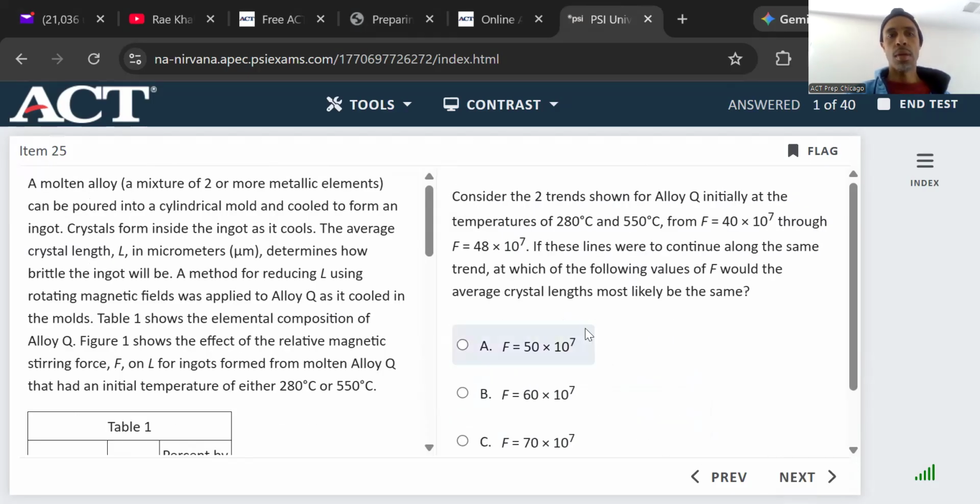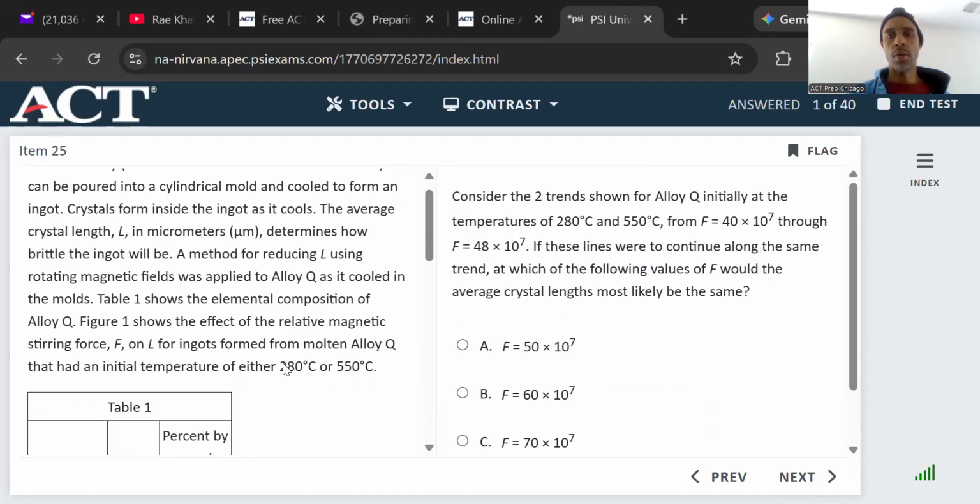All right. Consider the two trends shown for alloy Q, initially at the temperatures of 280 degrees and 550 degrees. From F of 40 times 10 to the second degree to F of 48, if these lines were to continue along the same trend, at which of the following values of F would the average crystal length most likely be the same?